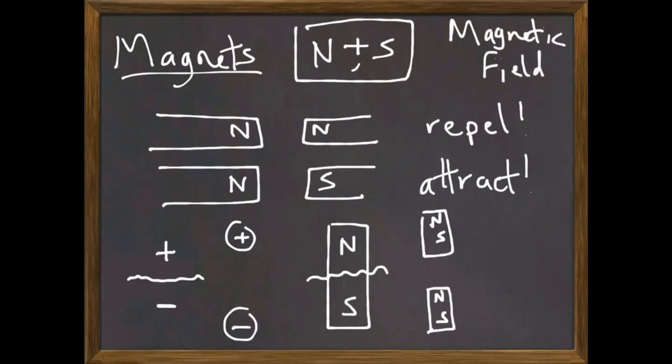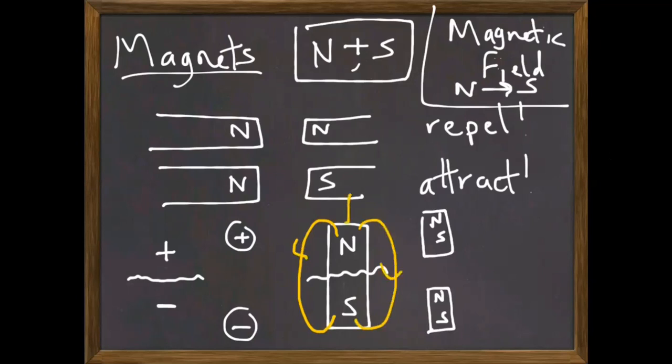Just like charges create an electric field, magnets create a magnetic field, and the field lines for magnets point north to south. And so you're going to find field lines that look like this. They go from the North Pole to the South Pole.